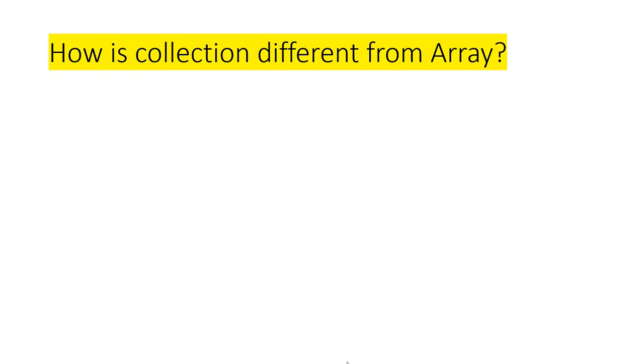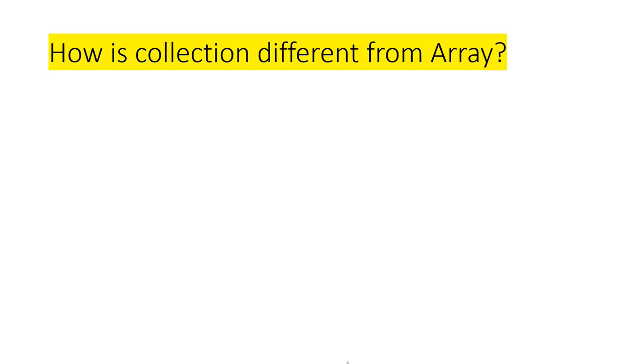Okay, now again, one of the most important questions: how is collection different from array? Because array is also used for storing objects or primitive data types, while collection is used only for storing objects. So that's one of the differences.